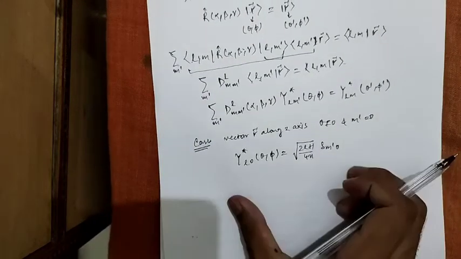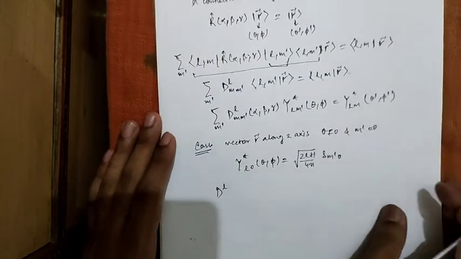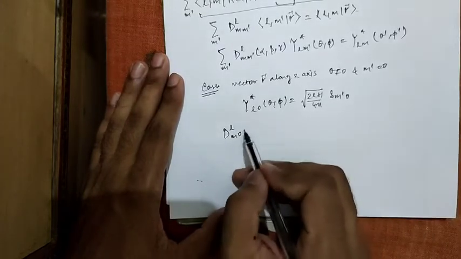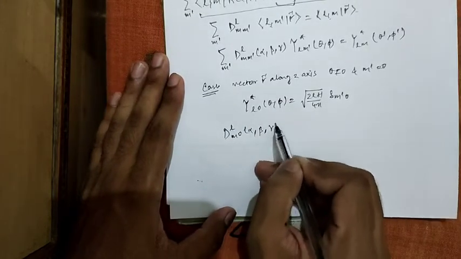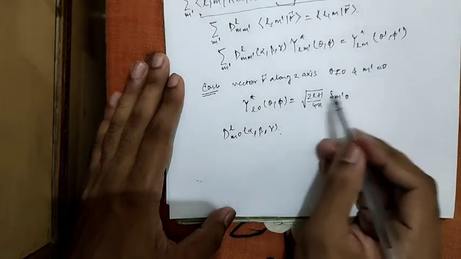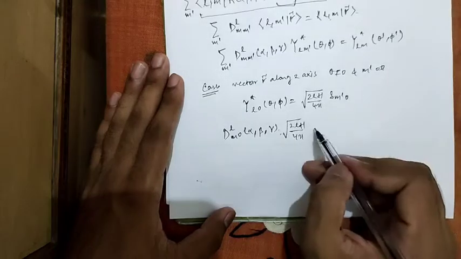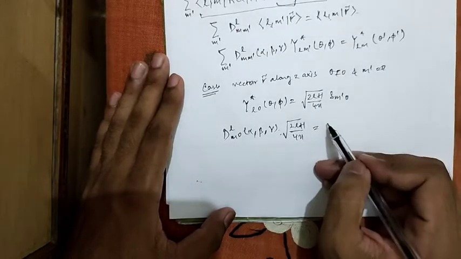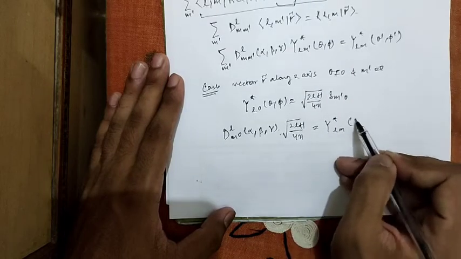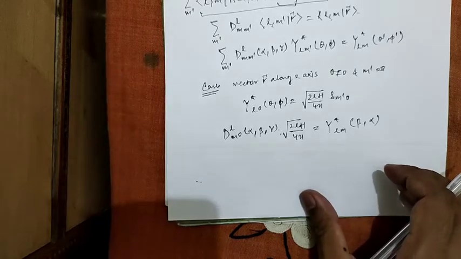Then substituting this in the above equation, we end up with D^l_{m0}(alpha, beta, gamma) Y*_{lm dash}. As m dash is equal to 0, this is (2l plus 1) by 4 pi, and when it acts on this, it changes theta dash and phi dash to beta and alpha.